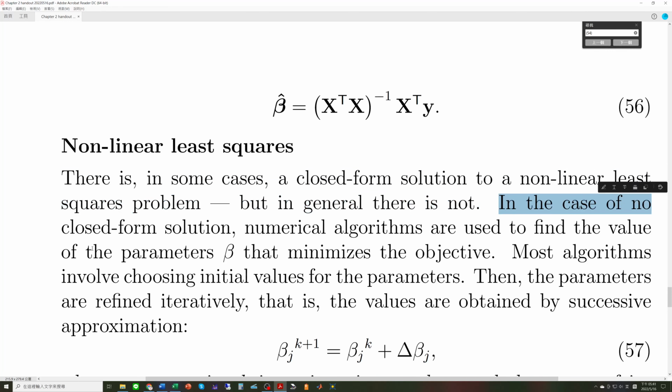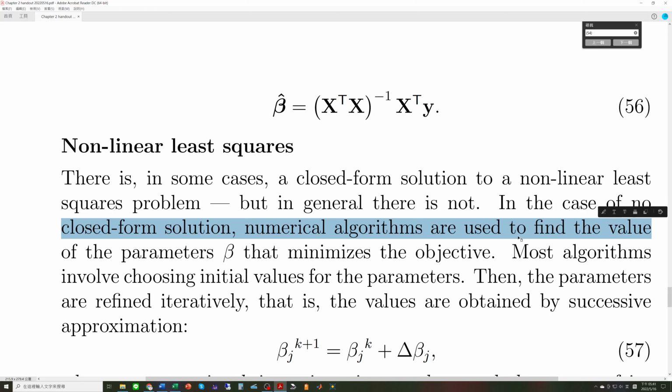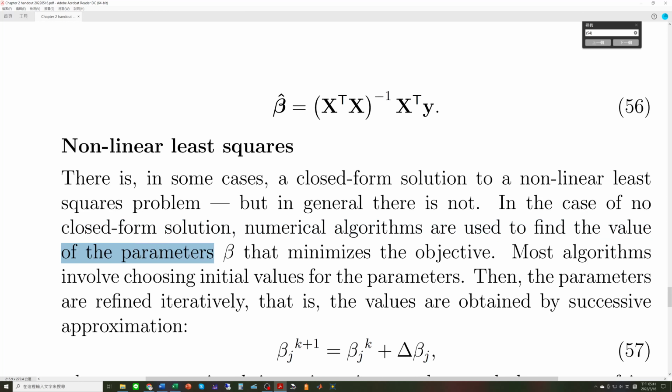In the case of no closed form solution, numerical algorithms are used to find the value of the parameters beta that minimizes the objective. Most algorithms involve choosing initial values for the parameters. Then the parameters are refined iteratively. That is, the values are obtained by successive approximation.